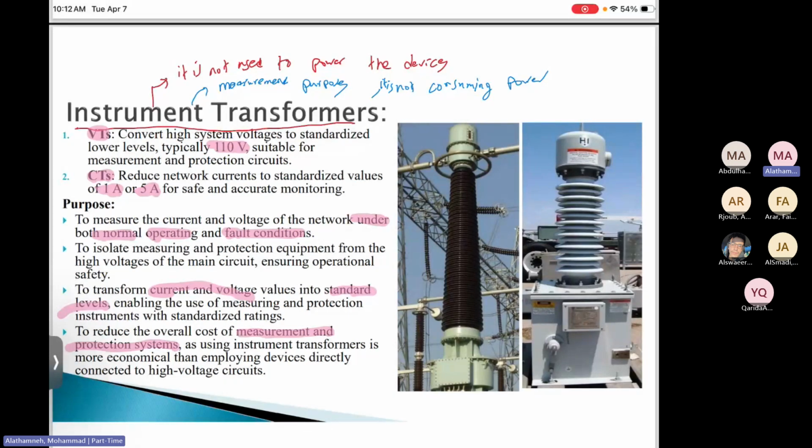Also, when we use CT and VT, we reduce the overall cost of the protection and measurement systems, because we don't want a protection relay that can measure 132 kilovolts or 600 amps. While when we use CT and VT, we are scaling them down, and then we are reducing the overall costs.